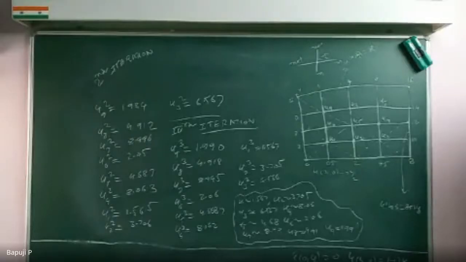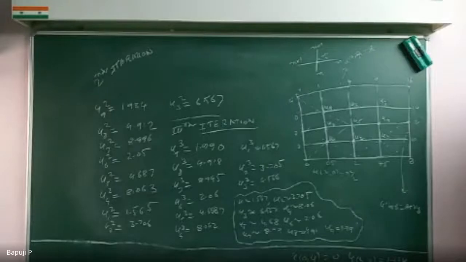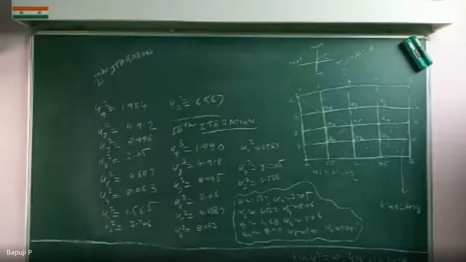That's why they ask up to one decimal: in the second iteration and third iteration, up to one decimal I stop. The same is 1.98 and 1.99, I stopped. Otherwise they will take 2-3 decimals. They will mention the maximum. Yes, sir, in the previous problem you did up to 4 decimals, up to 3 decimals like this. They will mention it. Otherwise, if they do not mention it, you can see.